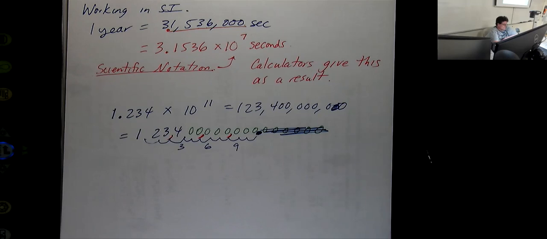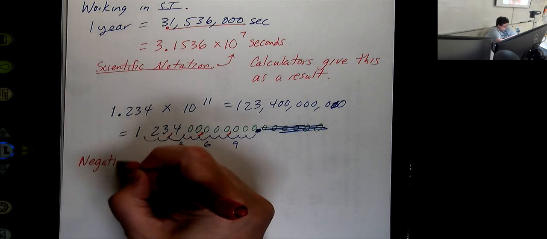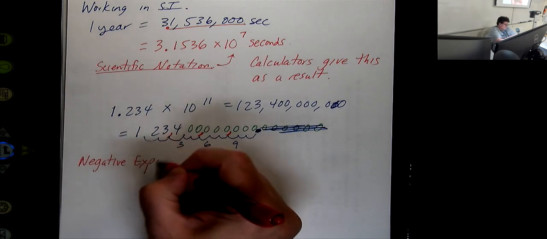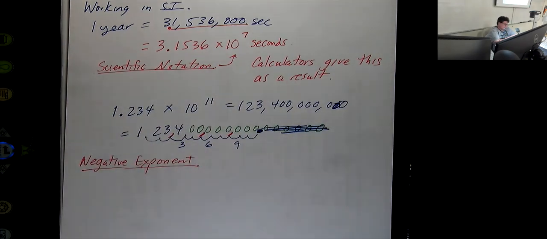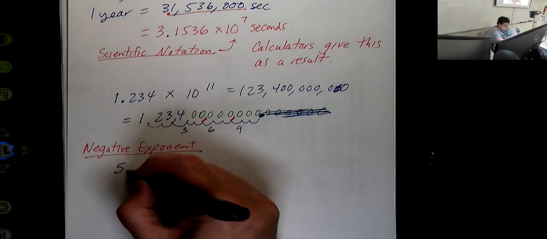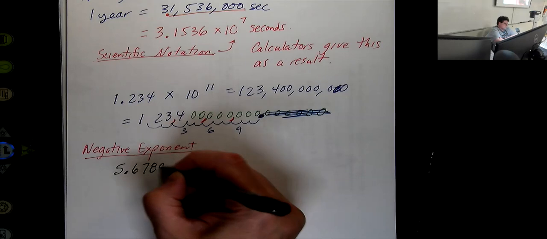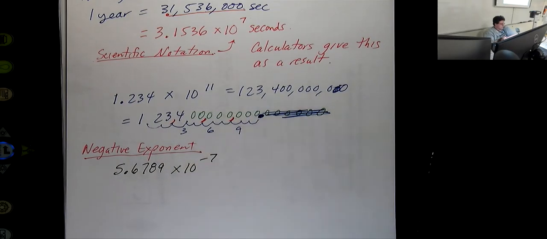If it's got a negative exponent, like 5.6789 times 10 to the negative 7.